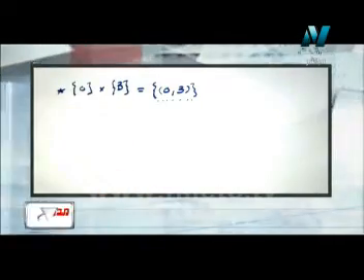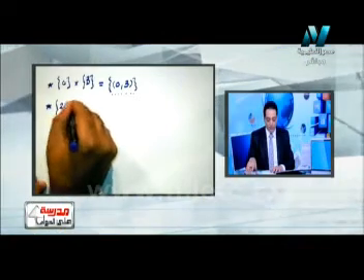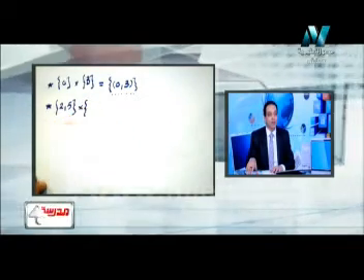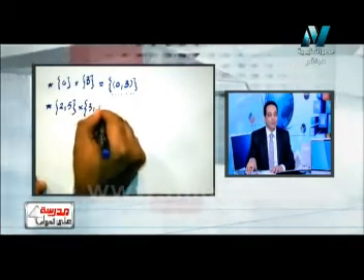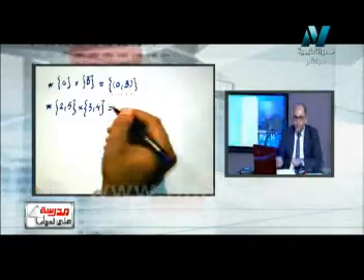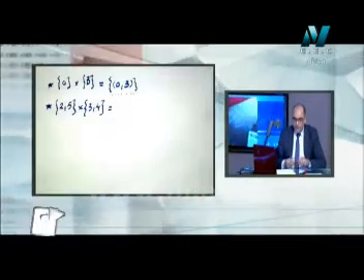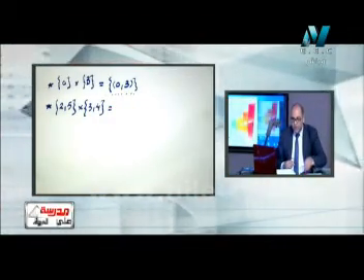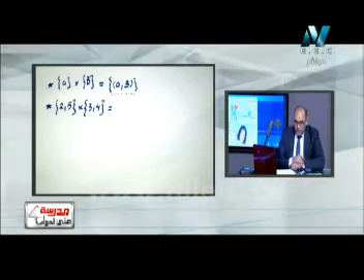Okay. Let us have another one. This one is a bit more complicated. It says set of 2 and 5 product set of 3 and 4. Very simple. We have two sets. The first one with elements 2 and 5. The second one with elements 3 and 4.